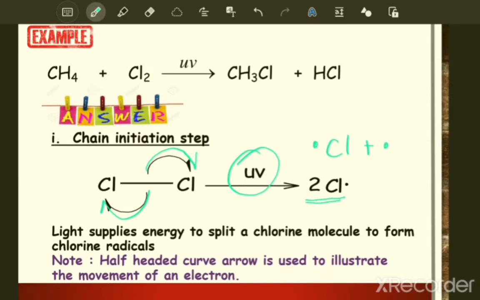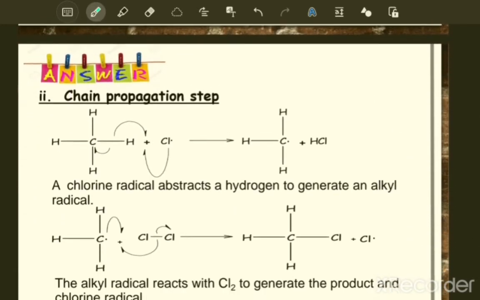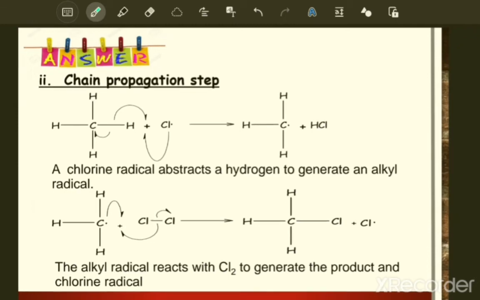And then from these free radicals, we go to the next step, that is the chain propagation step. In chain propagation, we have 2 sub-steps. Here is the chlorine radical that we produced from the first step. The chlorine radical will abstract a hydrogen to generate an alkyl radical. Here is the bond between carbon and hydrogen.